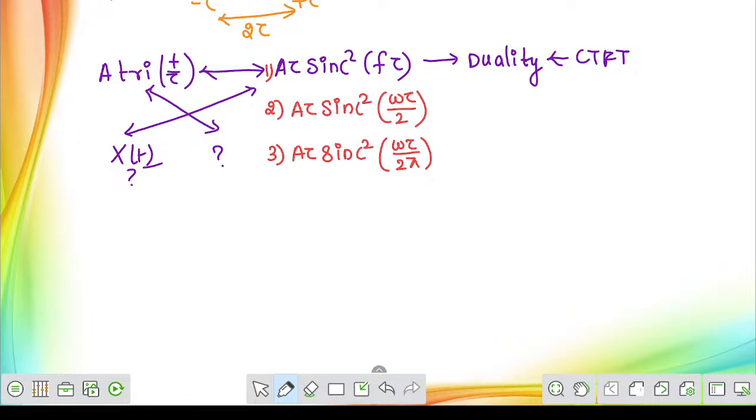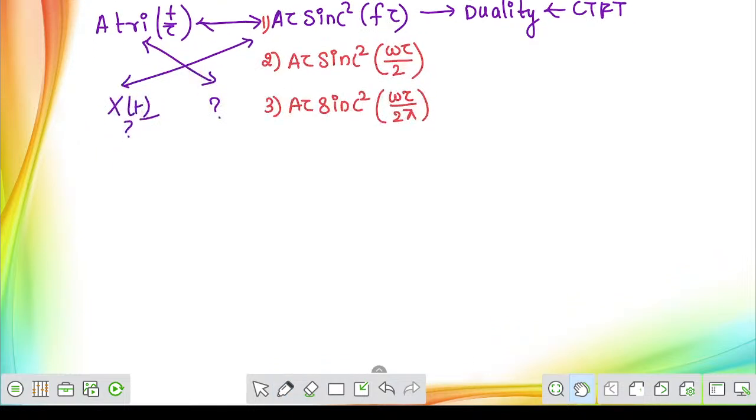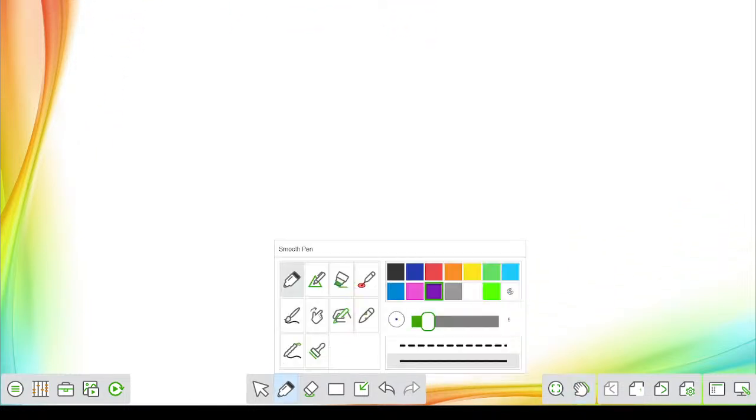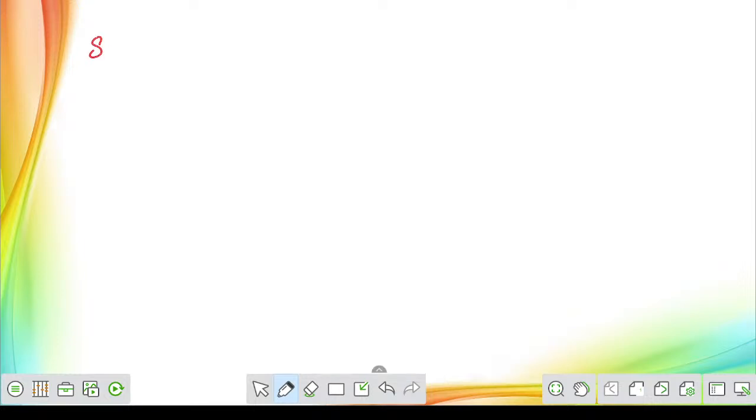Next is the sinc function. How to define this sinc function? When we are talking about the sinc function in the time domain itself, sinc of t, in the unnormalized way, can be written as sin t by t. That is called the unnormalized representation, sin t by t.